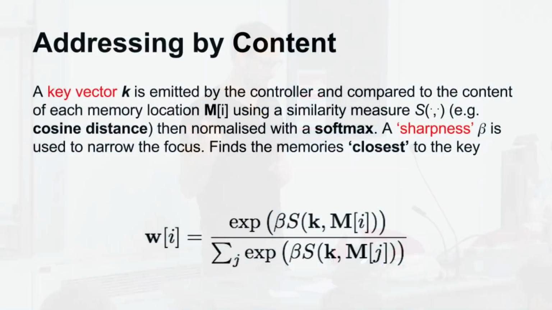It does this associative similarity, this cosine distance between the key and the memory, to find the memories that are closest. Then we normalized it with a softmax. We also added an extra thing, a sharpness parameter, beta, which controls the temperature of the softmax, which can selectively narrow the focus.